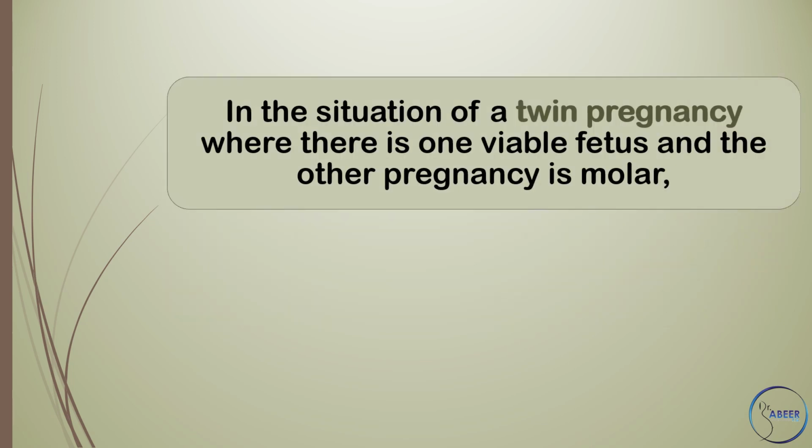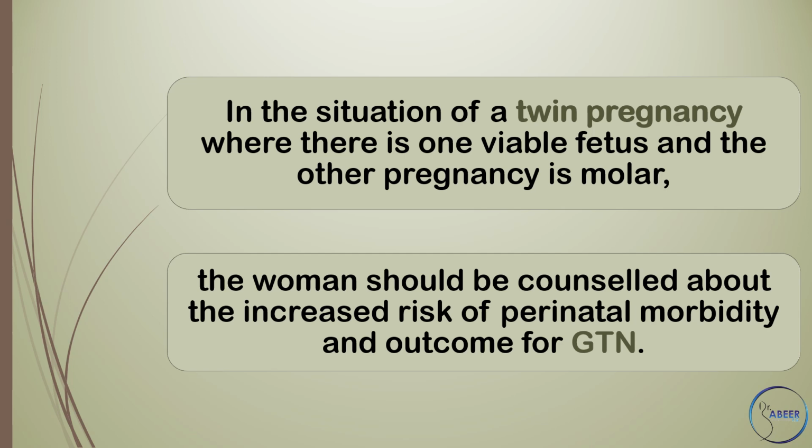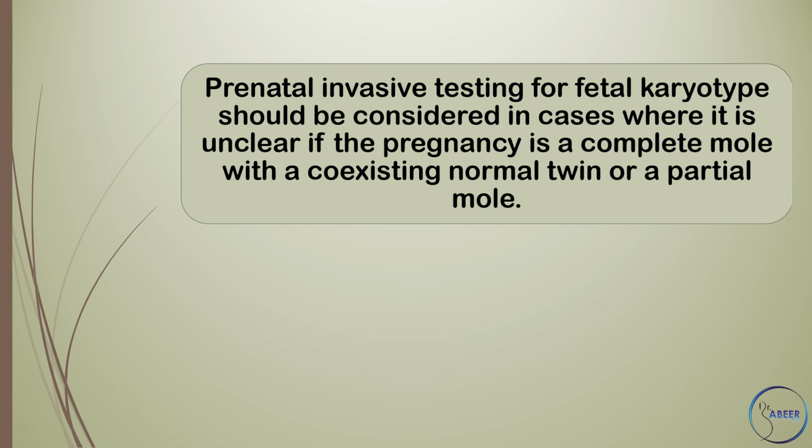In the situation of a twin pregnancy, where there is one viable fetus and the other pregnancy is molar, the woman should be counseled about the increased risk of perinatal morbidity and outcome for gestational trophoblastic neoplasia. Prenatal invasive testing for fetal karyotype should be considered in cases where it is unclear if the pregnancy is a complete mole with a coexisting normal twin or a partial mole.